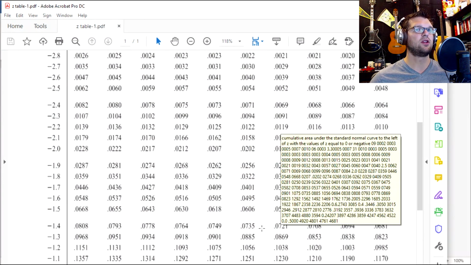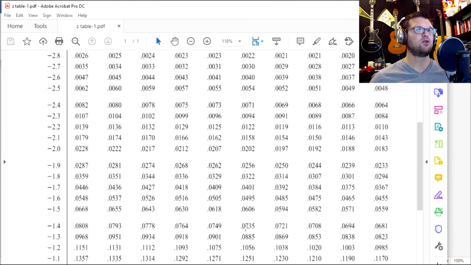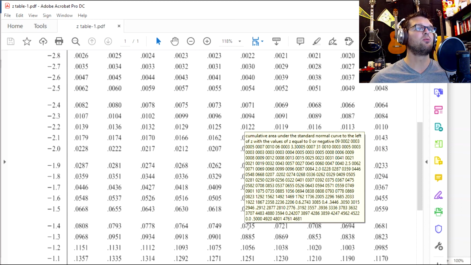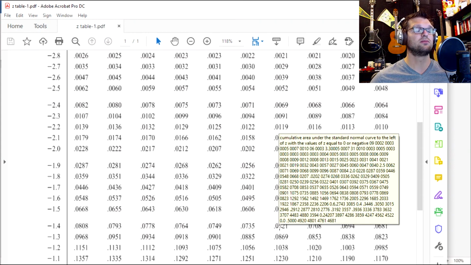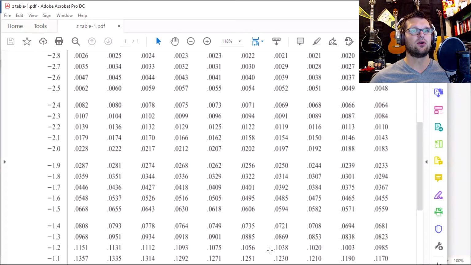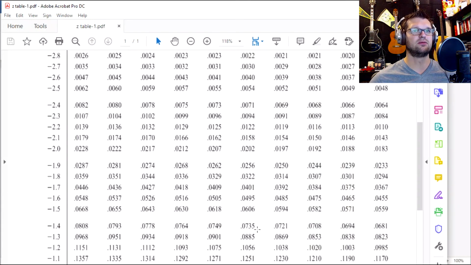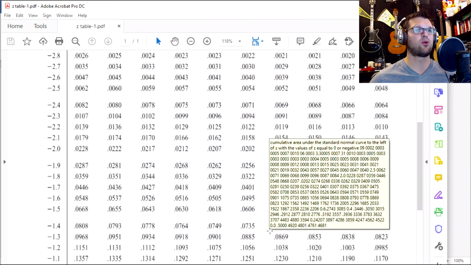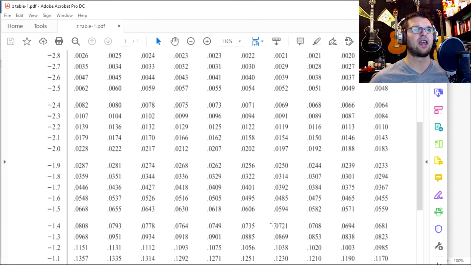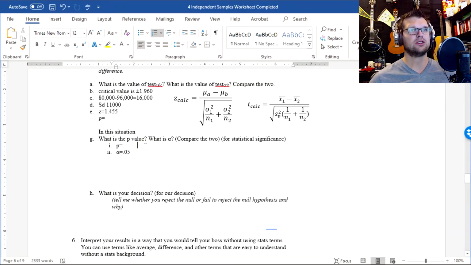And so it's going to be between 1.45 and 1.46, and so it's probably going to be somewhere about 0.0731 or 0.073. So that's one way of doing it, is guessing, hey, what is it in the middle of there? But we do have another option.